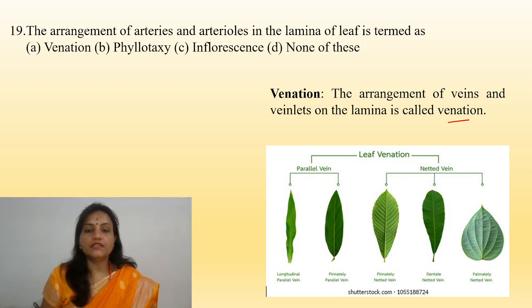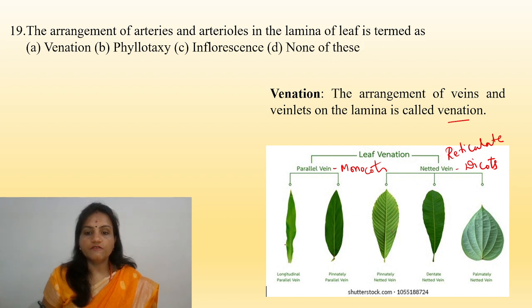Leaf venation can be classified into parallel venation and netted venation. Usually we see parallel in monocots and netted in dicots. Netted is also called reticulate venation.